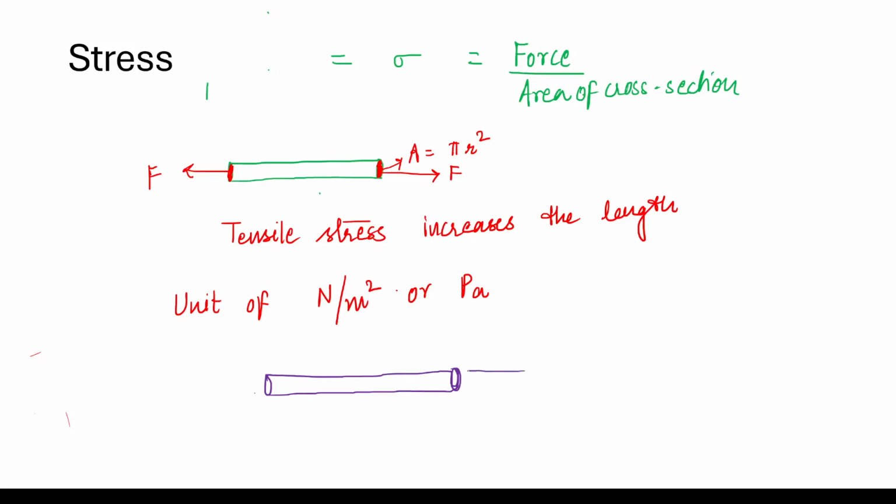So if you're applying a force here like this and a force here, again, you're not applying the force on the entire length, you're applying the force on this cross section only. So in the formula for stress, you will take this area. So this would be a compressive stress because it is trying to decrease the length.